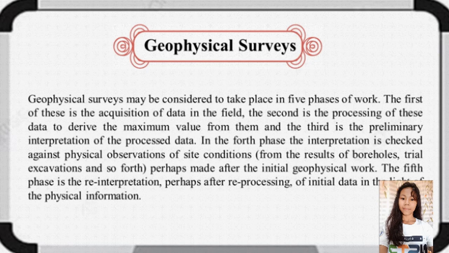In the fourth phase, the interpretation is checked against physical observation of site conditions from the results of boreholes, trial excavations, and so forth, perhaps made after the initial geophysical work. The fifth and last phase is the reinterpretation, perhaps after reprocessing of initial data in the light of physical information.